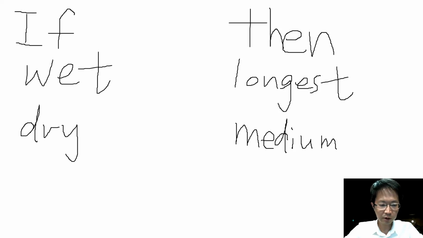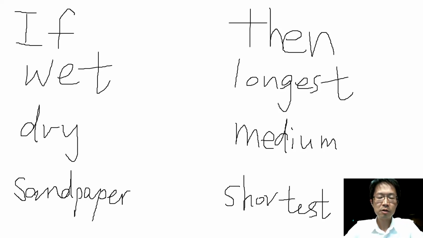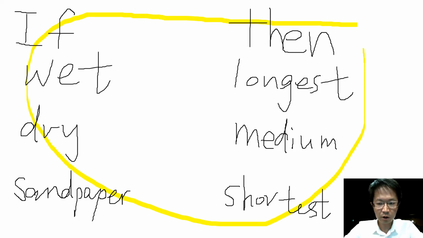If we put it on, let's say, sandpaper, dry and rough, then it will move the shortest distance. So this is what we call deductive reasoning.